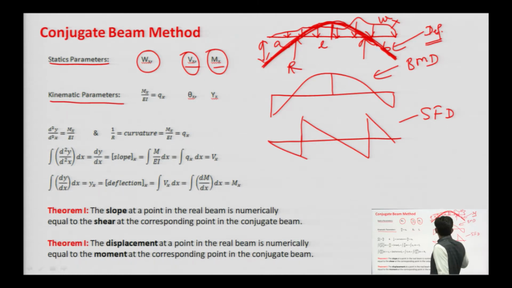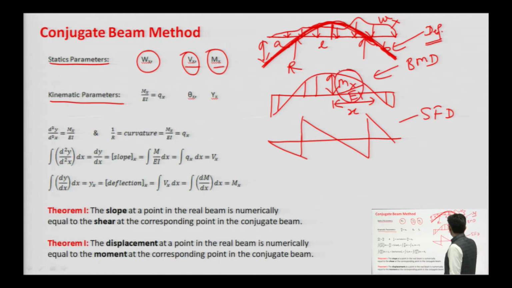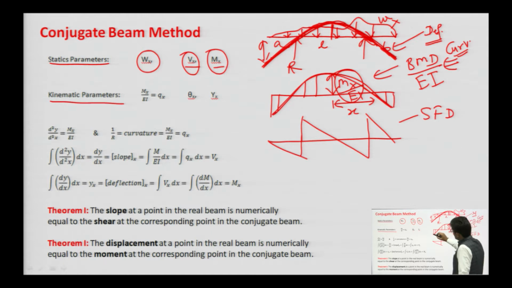Now, if the ordinate of the bending moment at any section is divided by EI, the modulus of elasticity times moment of inertia, then what does this curve, BMD by EI, represent? It represents the curvature.